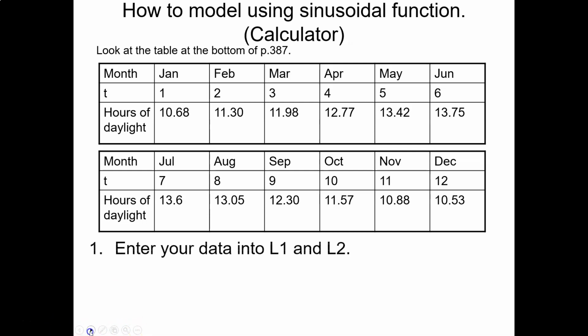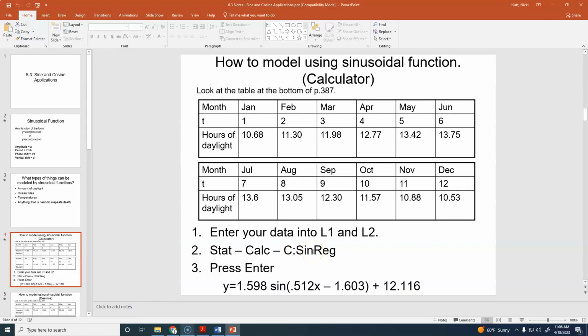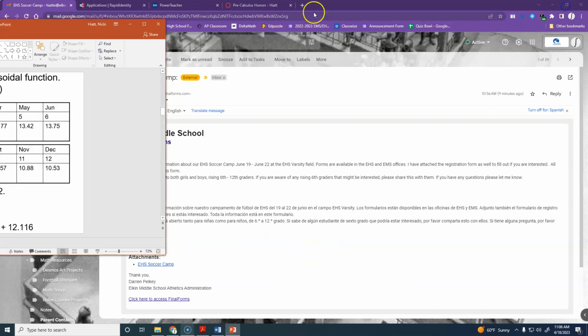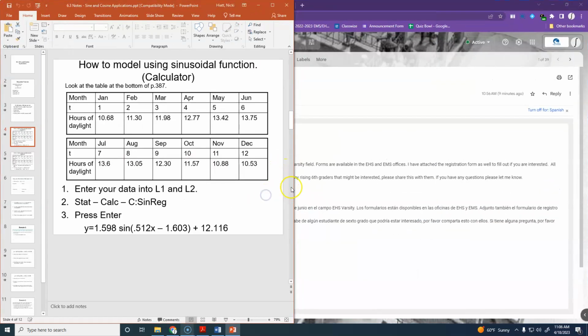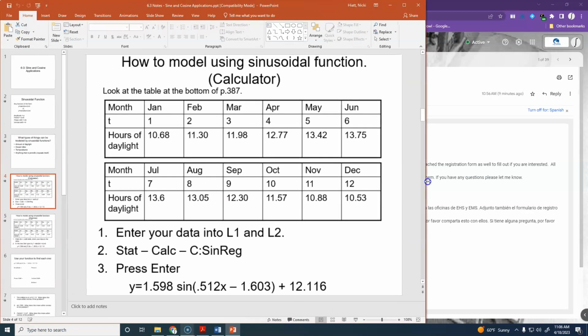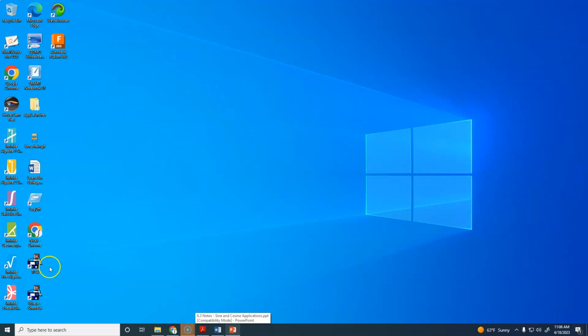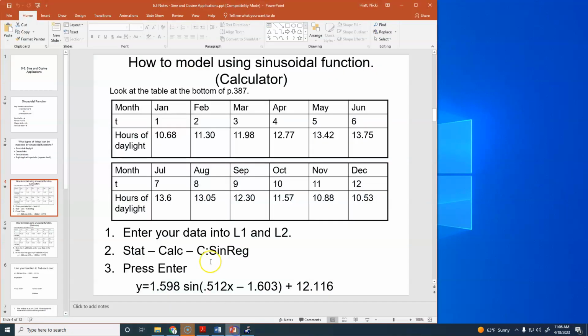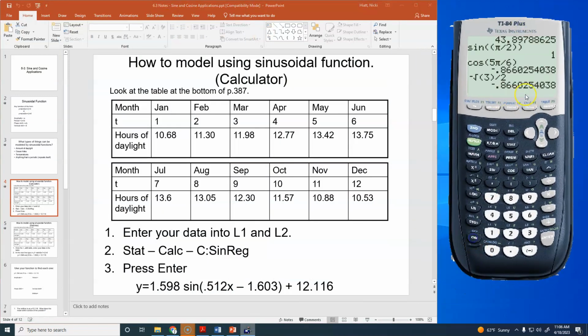All right, so have you guys used L1 and L2 in the calculator before? We as a math department have been getting away from using the calculator. There are two reasons that I want to show you how to do this on the calculator. The first of those is I am not sure what colleges are doing. I do know that if you go take stats at Surrey, they make you buy a TI-84 calculator.